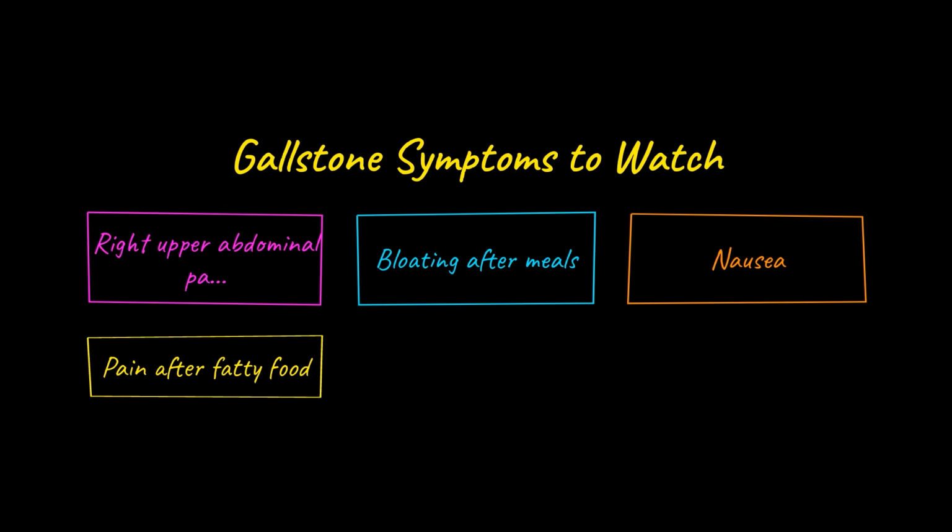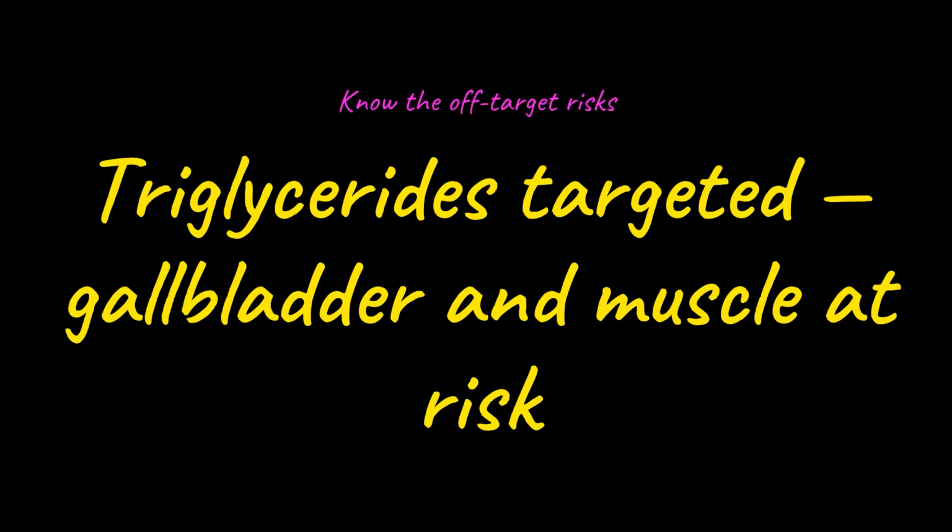These symptoms in a patient on gemfibrozil should never be dismissed as simple indigestion. Gemfibrozil lowers triglycerides as intended, but its risks live elsewhere, in the gallbladder and in muscle tissue. Monitoring right upper abdominal symptoms, not just lipid values, is essential for safe use of this drug.